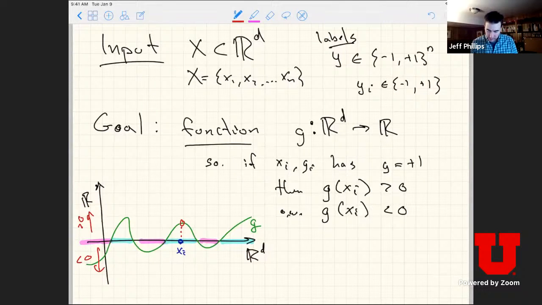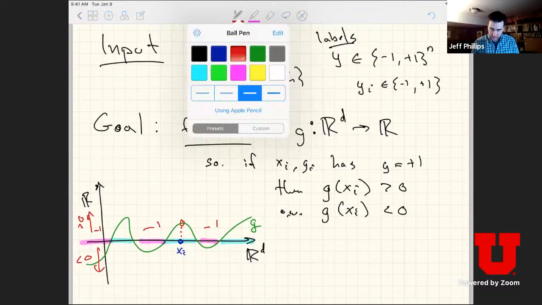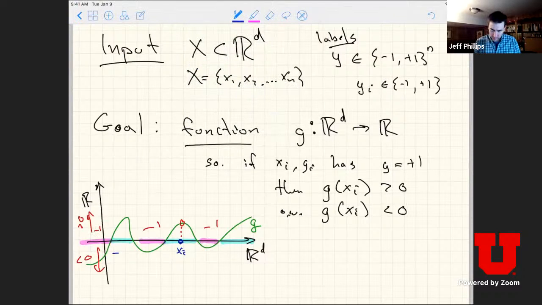So this would be predicted to be -1, and these regions as +1, +1, +1, right? So there's some function, we're going to learn this green function somehow, right? And based on the x values we have, we want to predict whether it's going to be positive or negative. We could just predict this binary class.